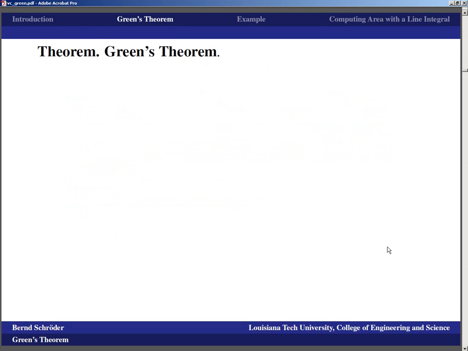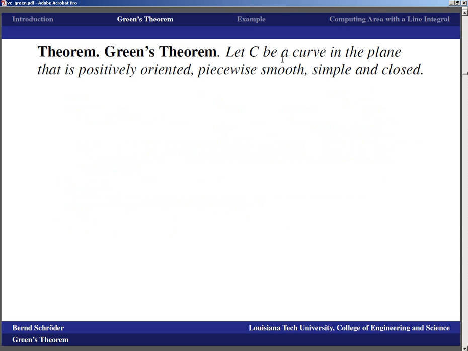Okay, in terms of Green's theorem, what does it say? It says that if you have a curve in the plane that is positively oriented, piecewise smooth, simple, and closed. So we know, again, technical hypotheses, okay, it shouldn't self-intersect, it ought to be closed. Piecewise smooth is the really technical part, and then positively oriented, just we're going around it counterclockwise to have the right orientation.